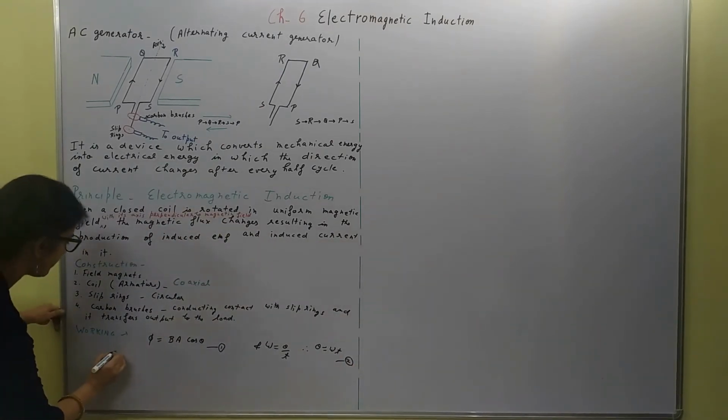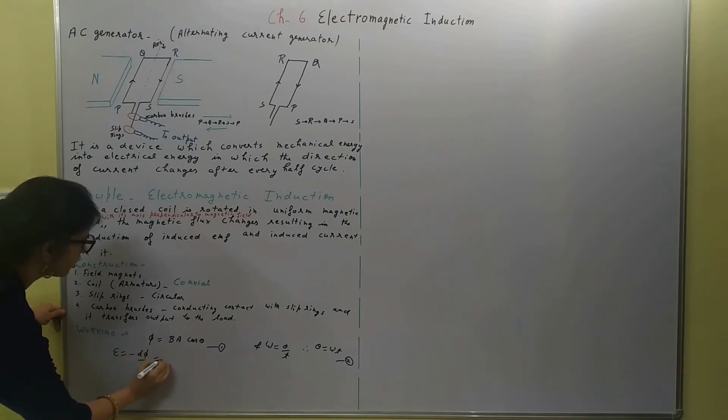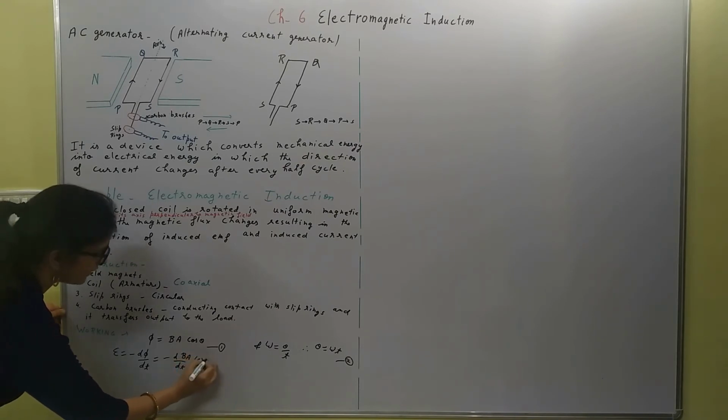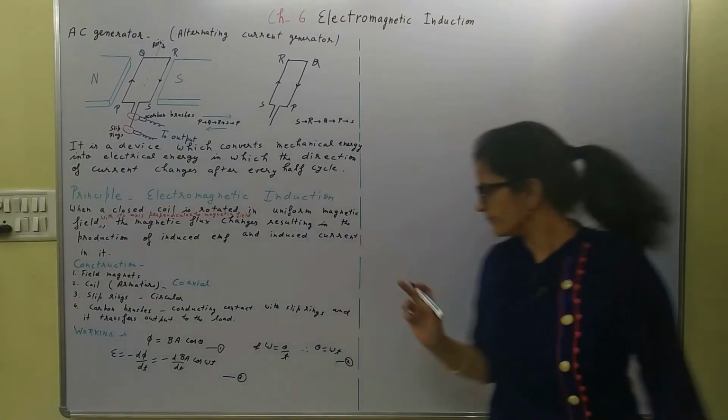Then what will be the EMF? EMF will be minus rate of change of flux. So this gives me minus d by dt of BA cos, and I'm putting the value of theta as omega t. So this I am marking as equation 3, right?